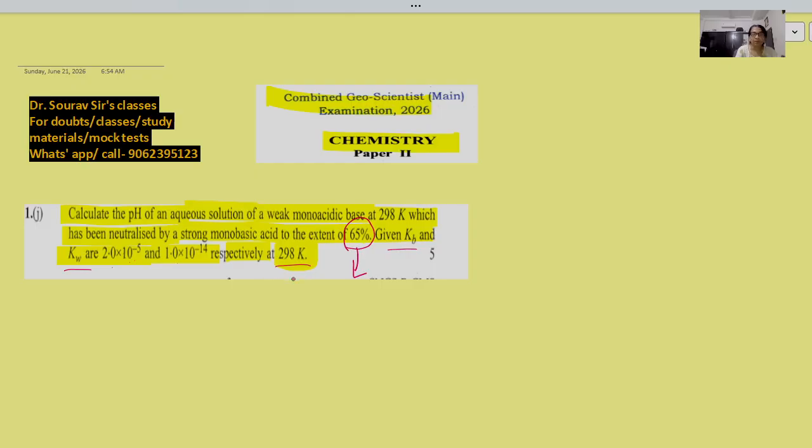Okay, now here two types of values are given, and it is a neutralization reaction, and we need the calculation of the pH of a weak base solution.